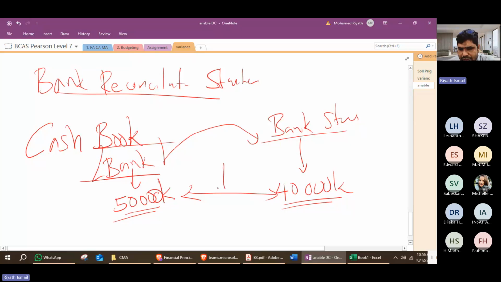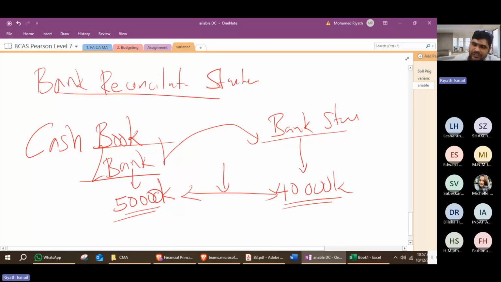So what are the causes of these differences? Does the bank tell lies? There are reasons for these differences. The bank statement says 40,000, your book says 50,000, so that's a difference.